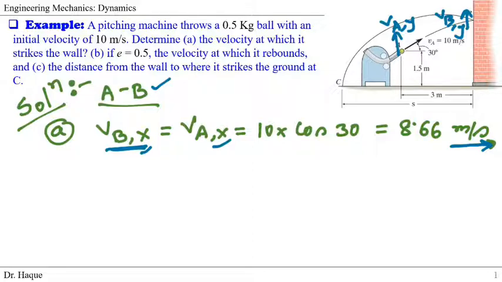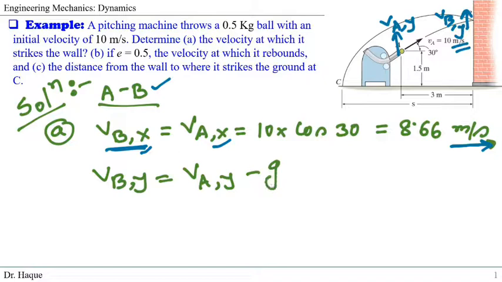Ask yourself, what is the only thing acting in the y component when the ball is moving from A to B? Gravity, right? Gravity is pulling down. So if we want to find the final velocity, I write the equation: VBY, which I'm looking for, because if I get x and y, I can find VB. VBY equals initial velocity, that is VAY, minus gravitational acceleration G times the time.